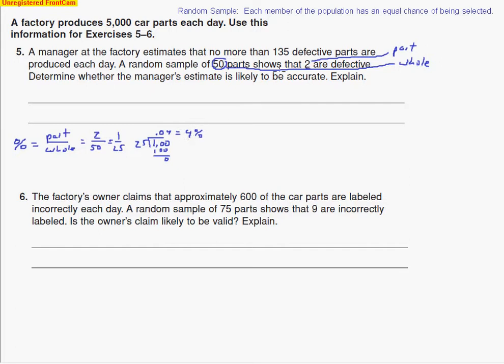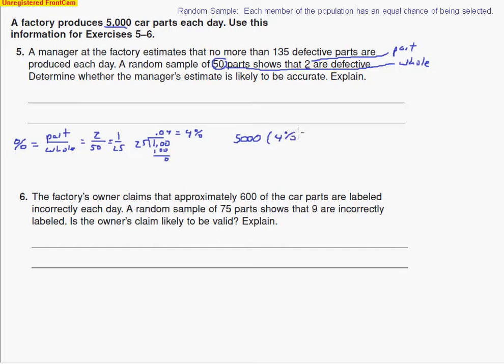So let's see if his theory is right. He says about 135 parts out of the 5,000 are defective. So what we're going to do is find out how many are actually going to be defective. We're going to use this 5,000 up here and multiply it by the percent, 4%.